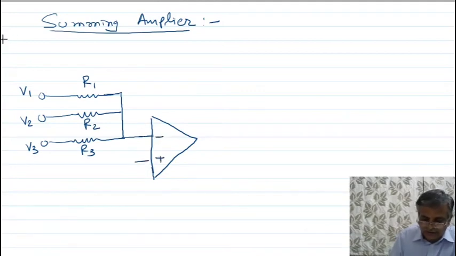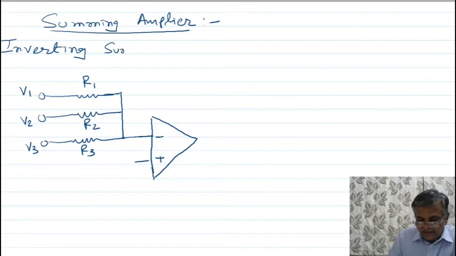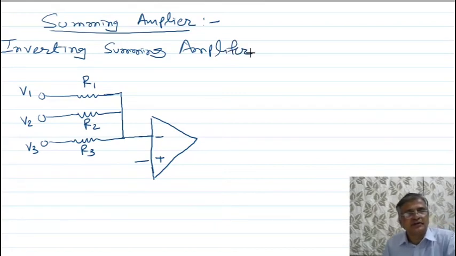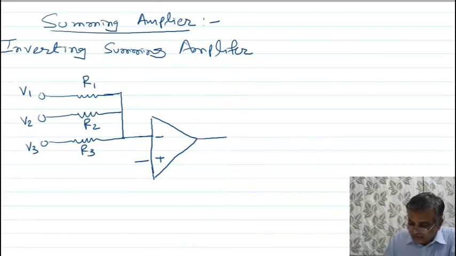So the title I am writing is inverting summing amplifier. This is used to solve linear equations in an analog circuit. In this circuit, you will get the output here.